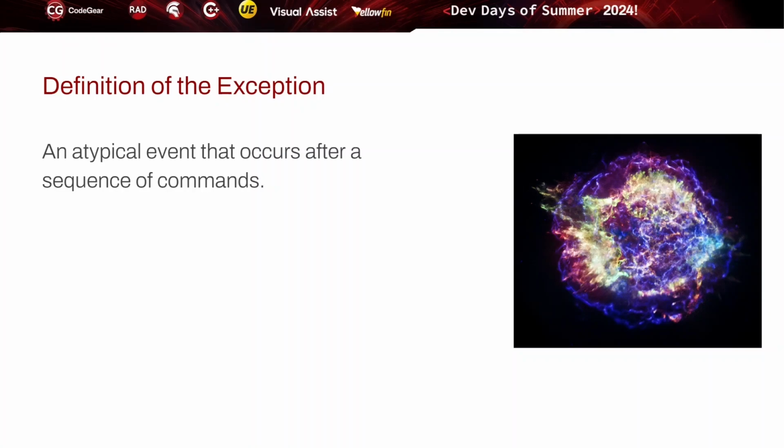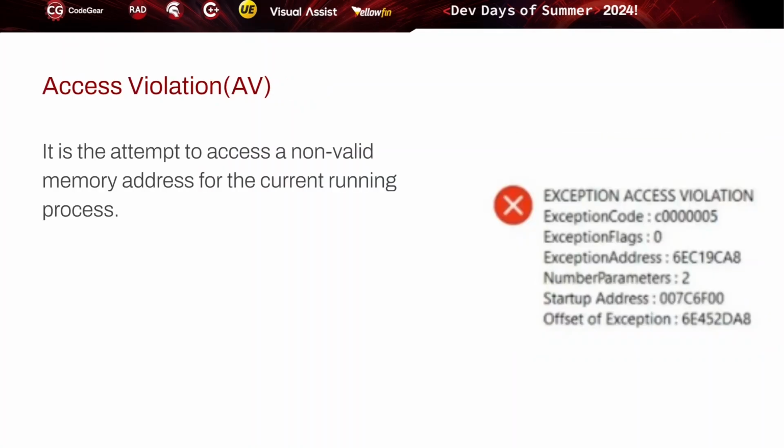The processor deals with a situation that it was not expecting. The processor is informed about that, and can also inform the operating system about this error. After that, the information about this error is brought back to our application. And every time this atypical kind of event occurs, we have an exception being raised, okay?